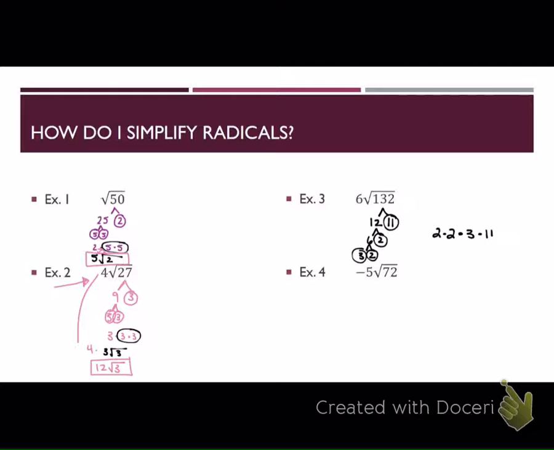Cameron, where are my partners in this one? 2 times 2 times 3 times 11. Okay, so that becomes what, Cameron, then? 12. So it will eventually become 12. So that's 2 square root of 33, because you do 3 times 11, which is 33. And as Cameron said, you multiply the 6 times the 2, which is 12 square root of 33. Very good.